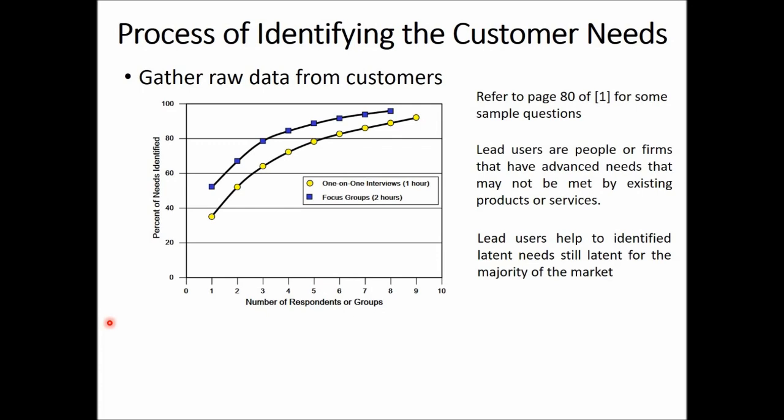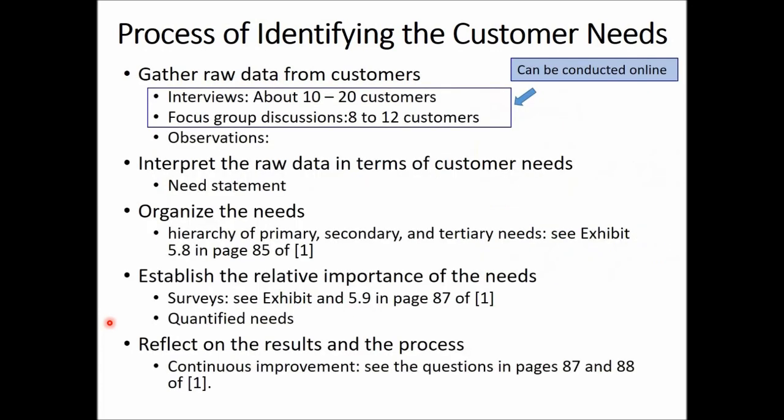And this graph shows some information about gathering raw data. As you can see, nearly 100% of customer needs are identified through one-to-one interviews and discussions with focus groups. Focus groups are, of course, the groups that we identify, a group of individuals that we identify as very important customers, so that we can have a lengthy discussion with them to gather more information about the products required.